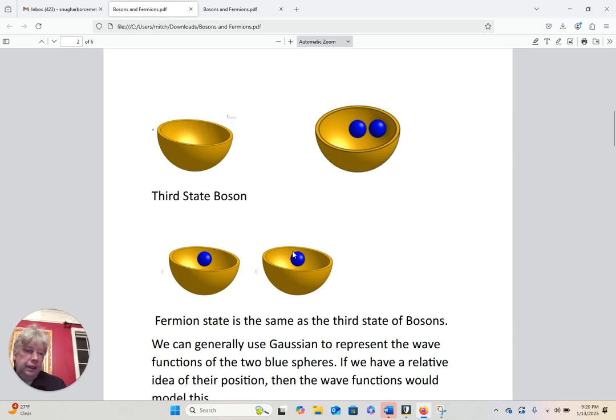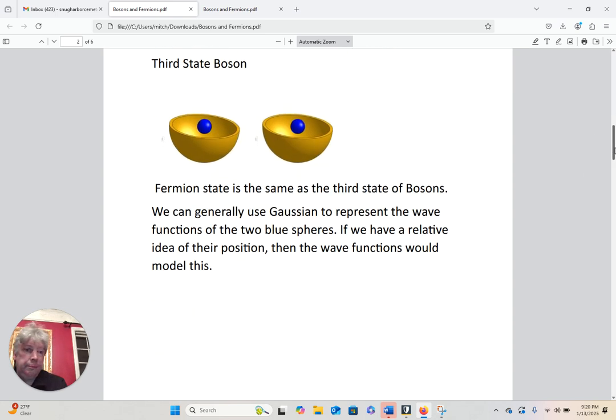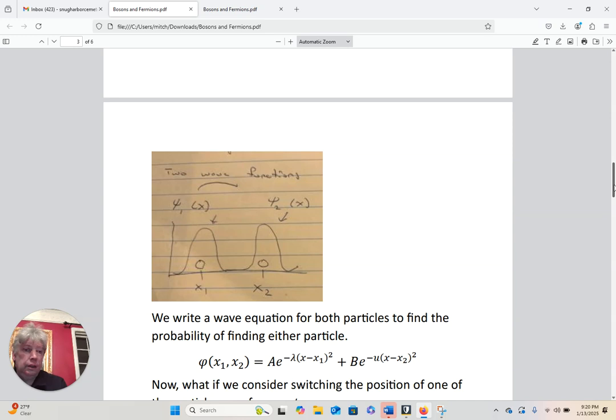But how do we come about that conceptually? What we can do is generally use a Gaussian expression to represent the wave functions of the two blue spheres. If we have a relative idea of their position, then the wave functions would model like this, right here.